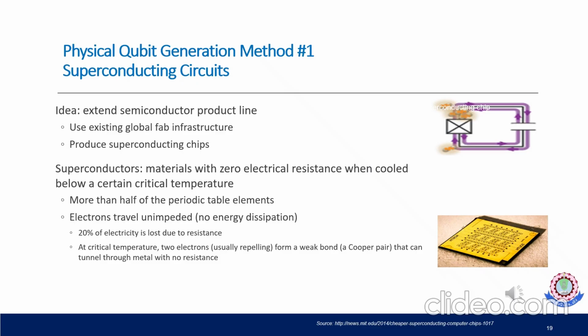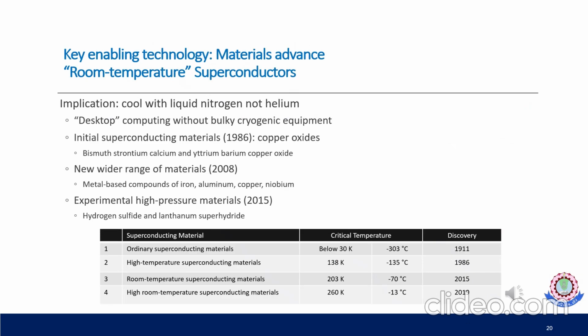At critical temperature, two electrons form a weak bond that can tunnel through metal with no resistance. The key enabling technology is material advancement toward room temperature. The implication is cooling with liquid nitrogen, not helium, so desktop computing without bulky cryogenic equipment would be very popular in the commercial market.